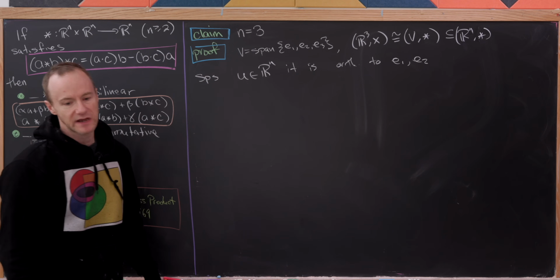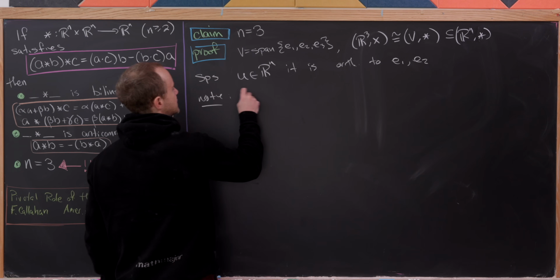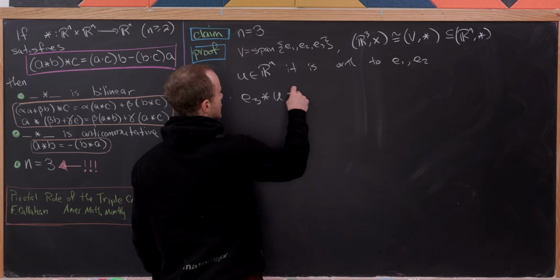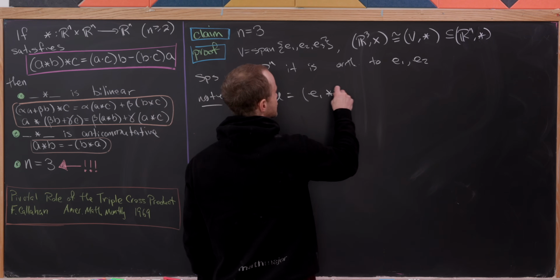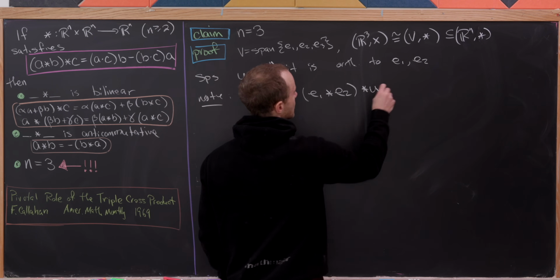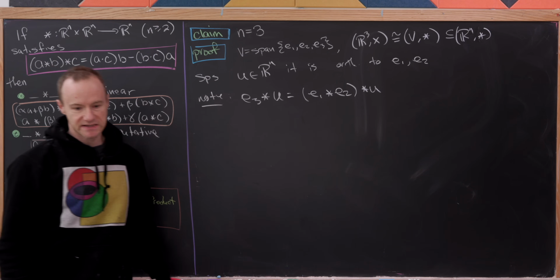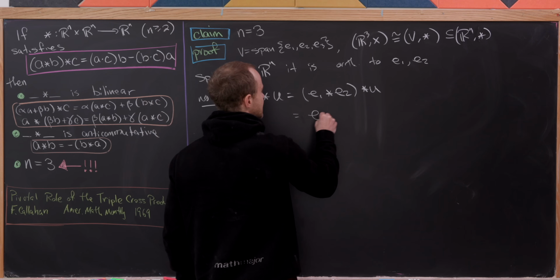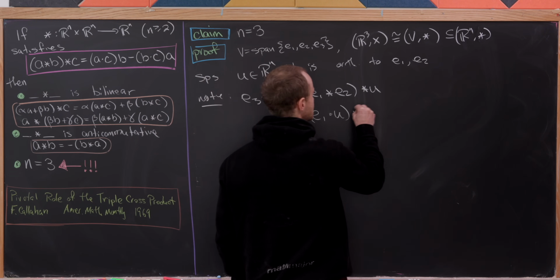Okay, so now let's make a calculation. Let's do E3 starred with u. But that's going to give us E1 star E2 starred with u. And now we can use the triple product identity on this. So that's going to get E1 dot u, and that's occurring in the E2 direction.